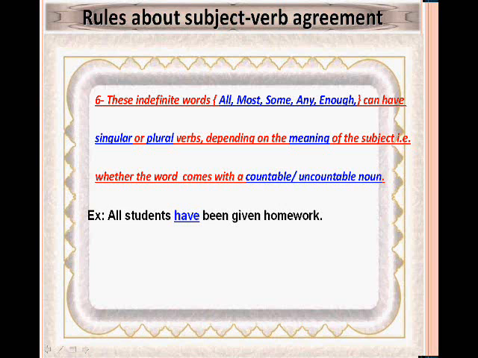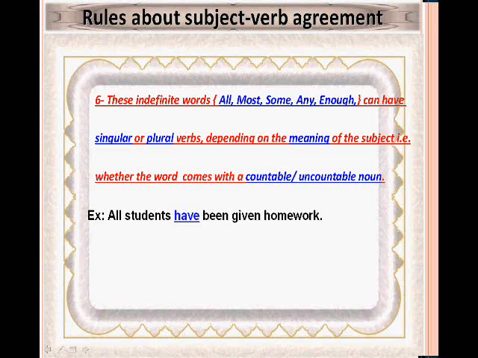So if I have here: all students have been given homework, be careful, I have the word all, but the word which came with it is a countable noun, and it had s at the end because this is plural, so then the verb is plural.